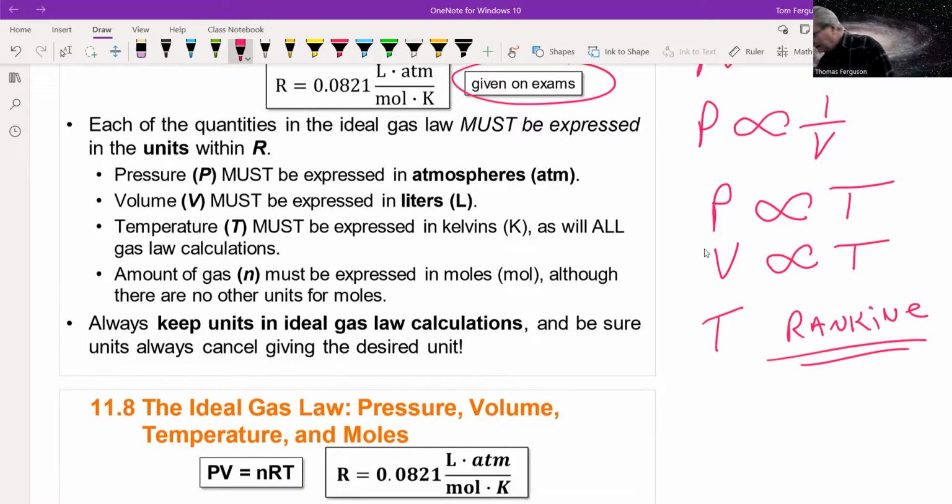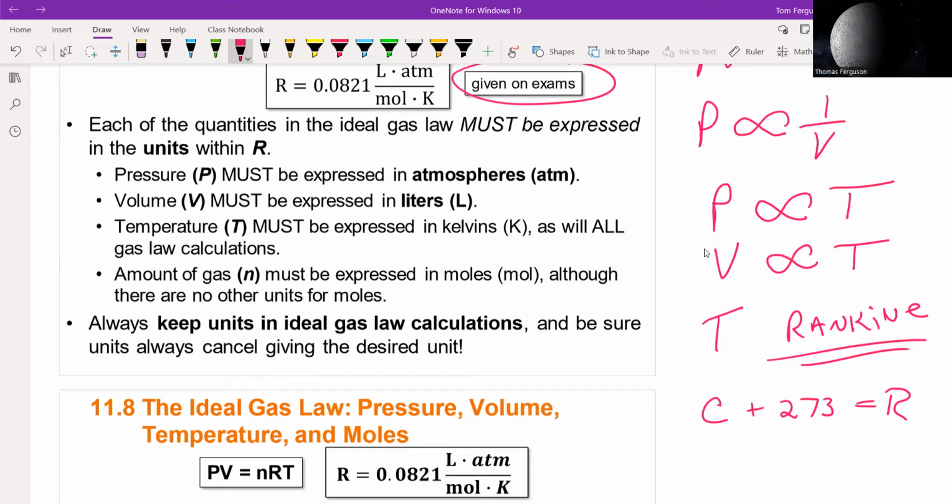Now, to convert from centigrade, Celsius, you add 273. Oh, excuse me, Rankine is the absolute scale for Fahrenheit. Thank you for pointing that out.